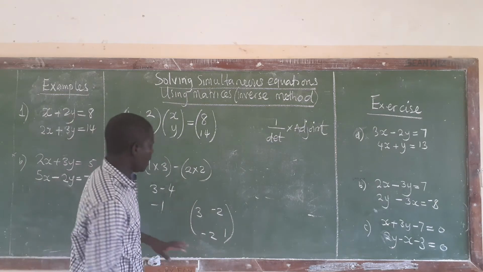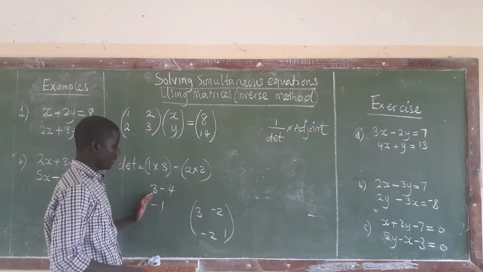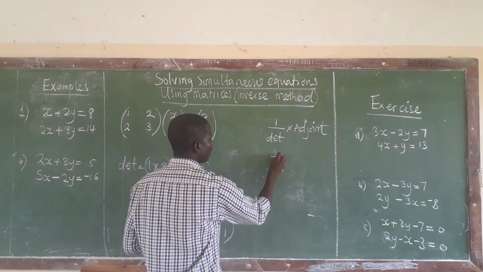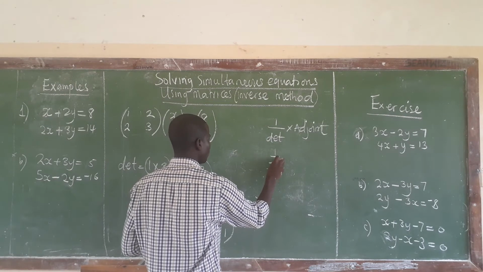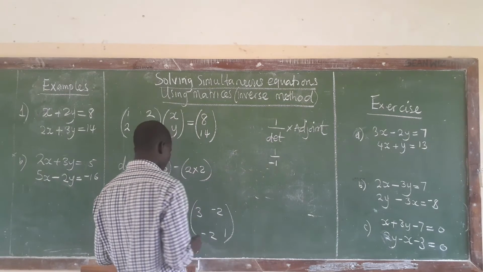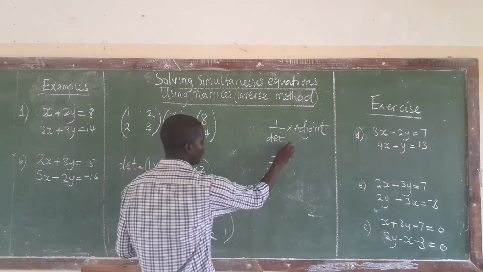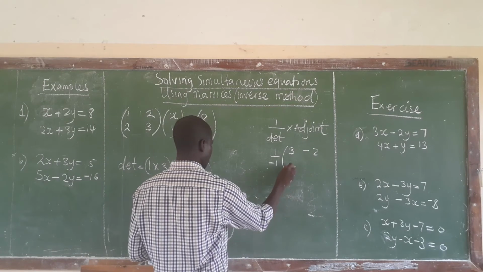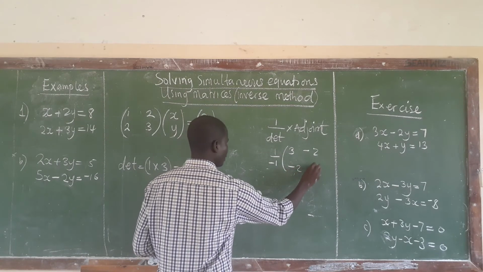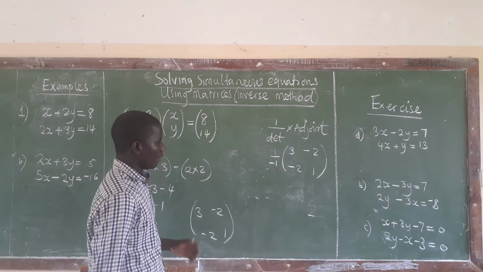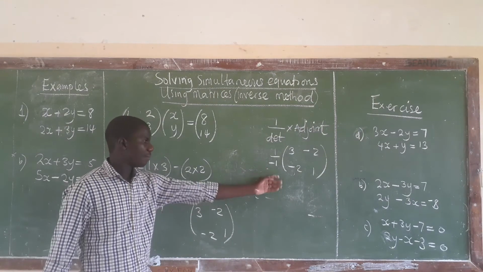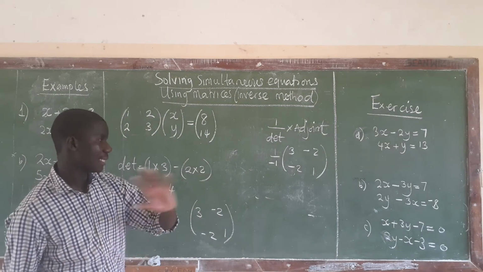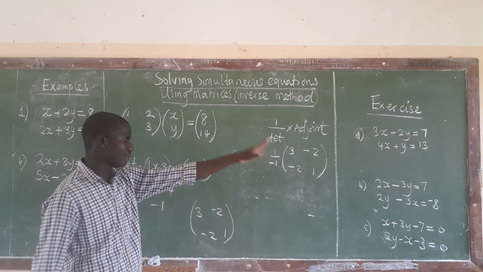So meaning, the inverse of this matrix is going to be 1 over negative 1, which is our determinant, times the adjoint, which is 3, then here we have minus 2 and minus 2, and 1. We are lucky here that we have negative 1 as our determinant, but in most cases it could be any other number, so you have to leave it as a fraction like that.